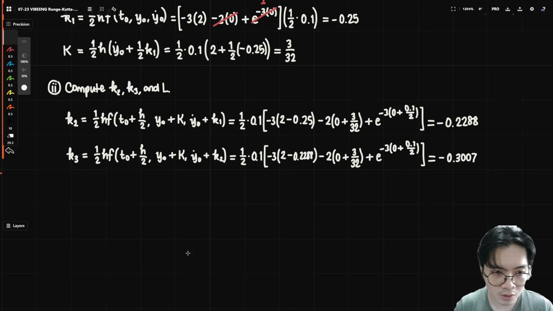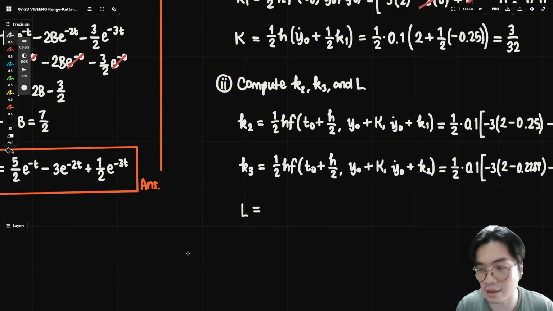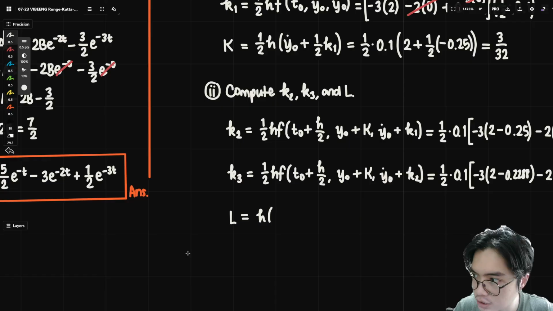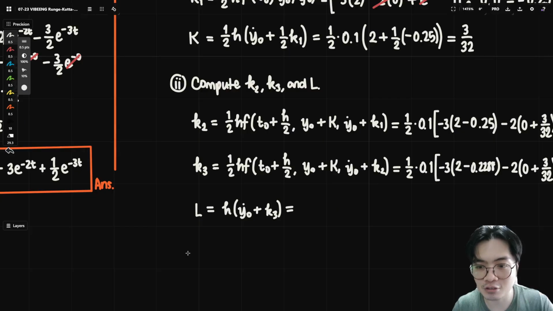Before we continue with K4, we need L. L is going to be H times Y0 dot plus K3. So far, this is our calculated change.